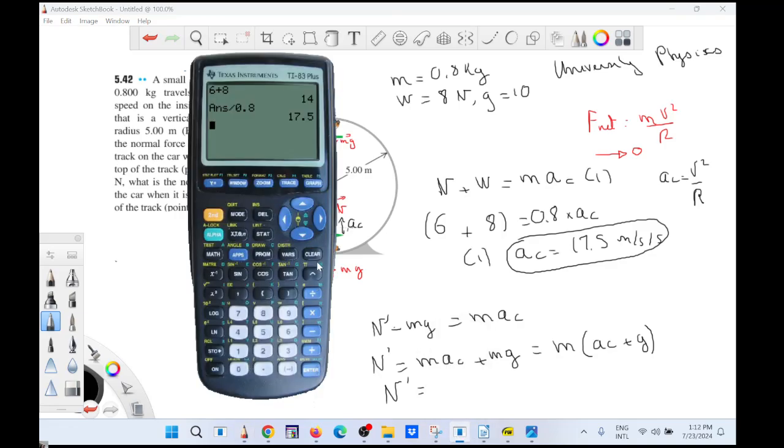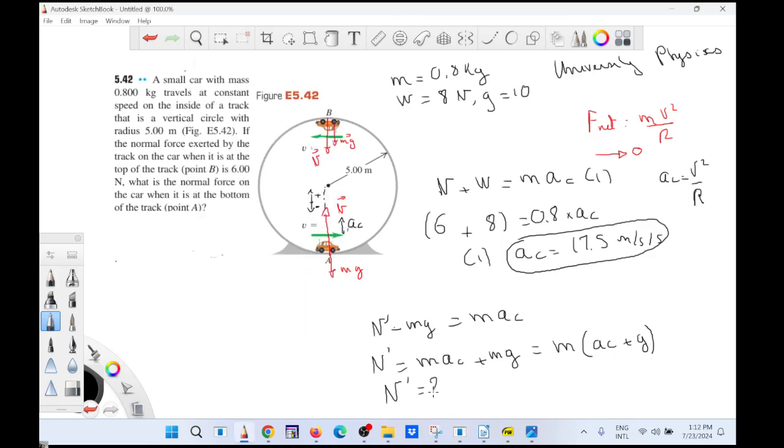Okay, so it's the same, right? So the mass is 0.8, and then you add 17.5 plus 10. So it's about 22 Newton. It's about 22 Newton if g equals 10.